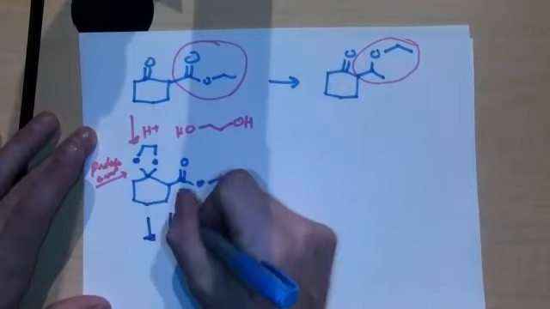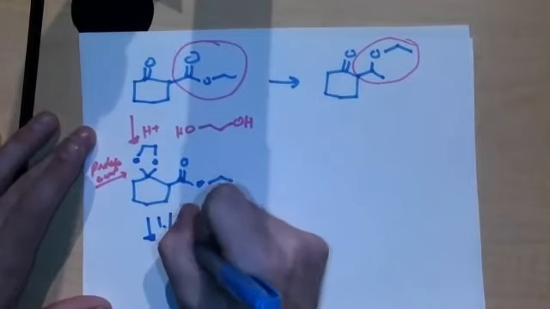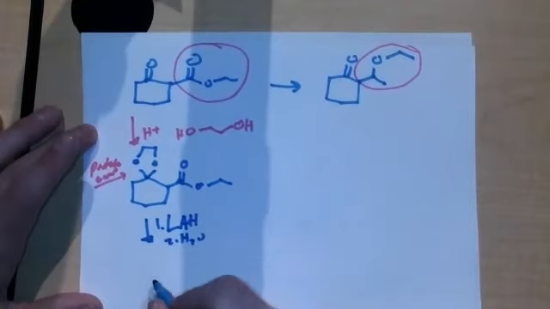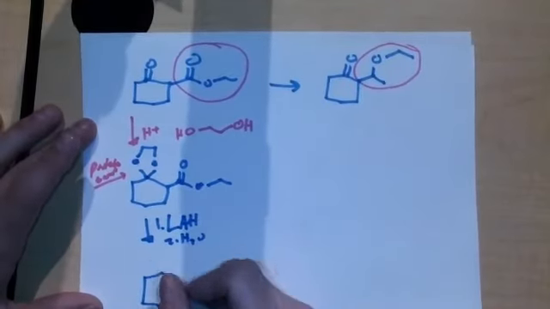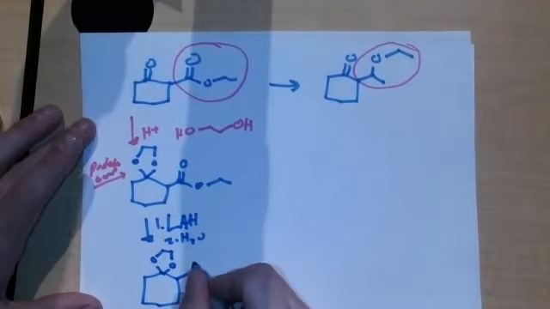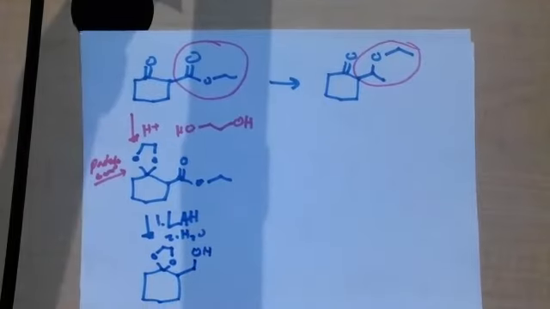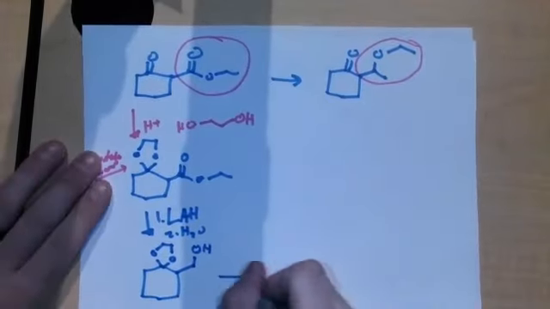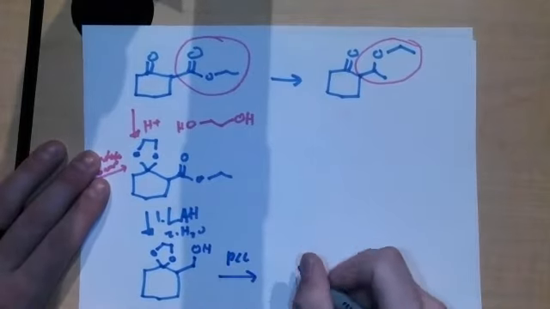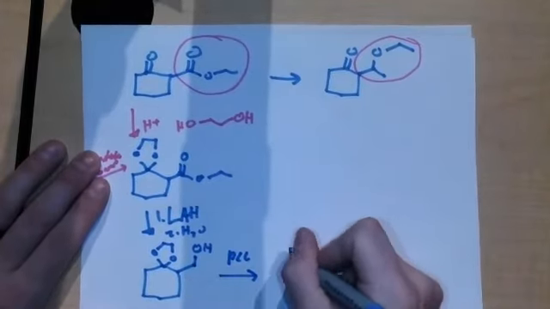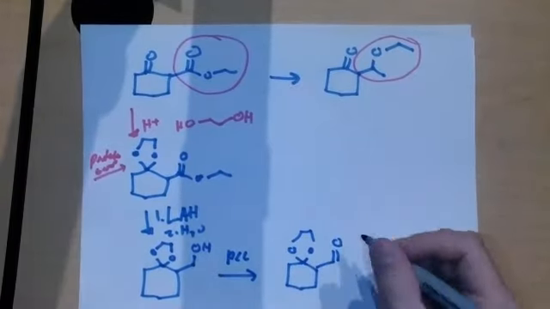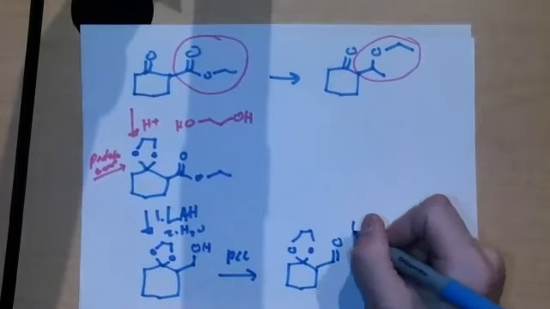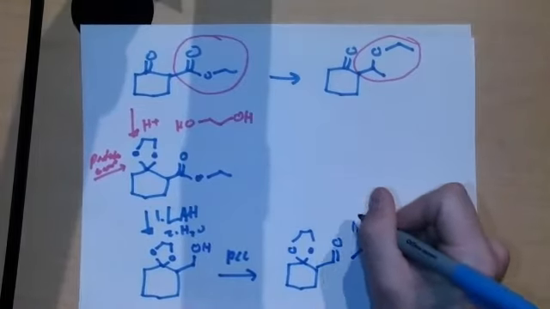Throwing in LAH and the water can give us an alcohol, which we can oxidize. Do our Grignard. Yeah, we're adding a methyl group to it.